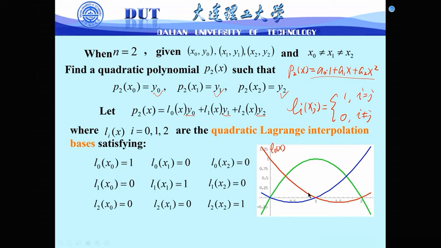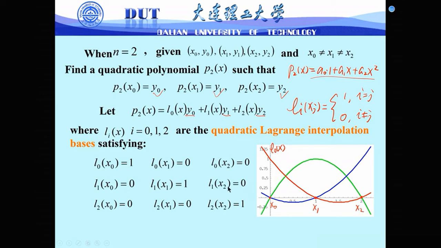And for L1, at x0 it is 0, at x1 it is 1. Now we choose this point as x0, this point as x1, and this point as x2, just using the numbers 0, 1, and 2. Now you see L1(x1) equals 1.